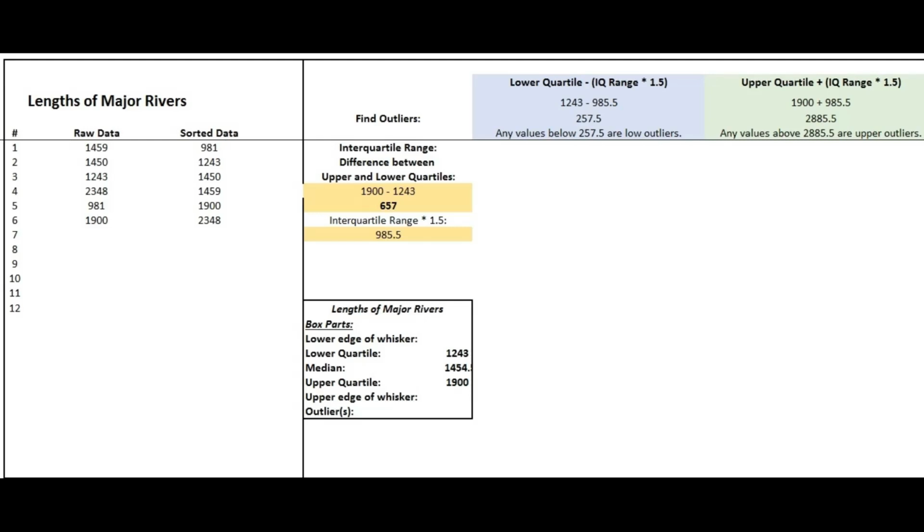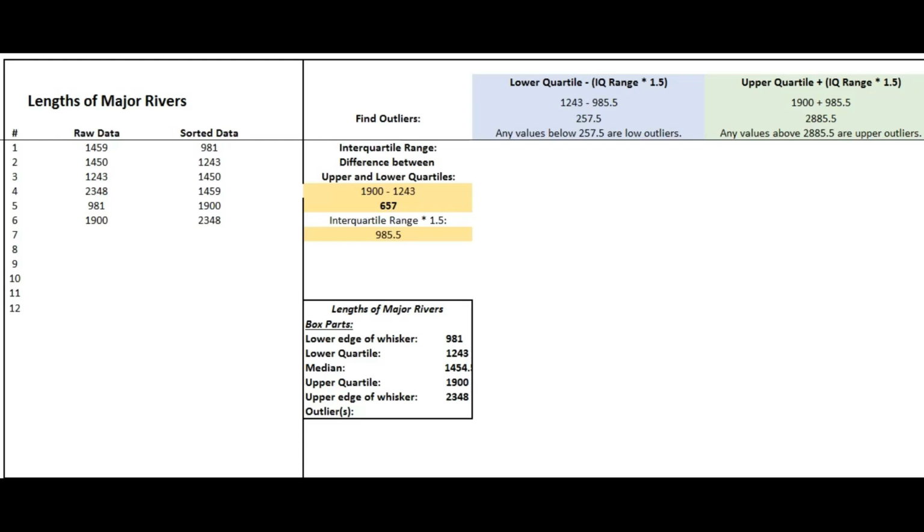Upper quartile, 1900 plus the interquartile range times 1.5, 1900 plus 985.5, is 2885.5. We do not have any upper outliers. So again, this question's easy on us. Our lower edge of our whisker is 981. The upper edge is 2348. There are no outliers, and that's okay. You can have a box and whisker plot with no outliers.